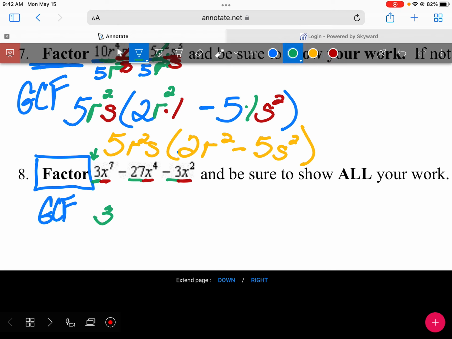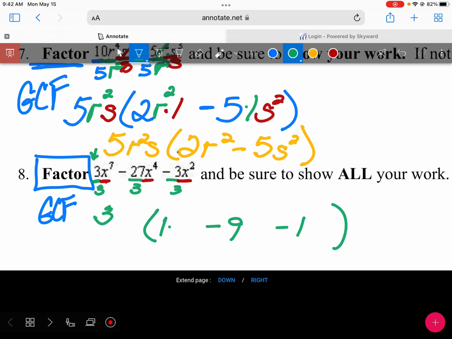I kind of jumped the gun there. I should have put divided by 3, divided by 3, divided by 3. That's 3 divided by 3 is 1. Minus 27 divided by 3 is 9. Minus 3 divided by 3 is 1.